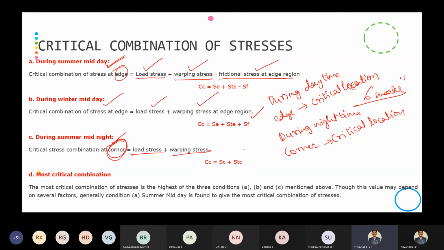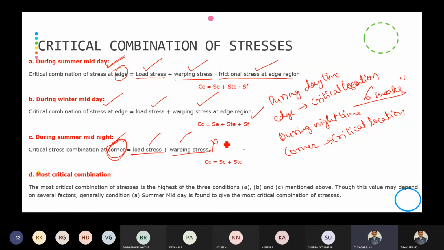So during summer we are going to consider the edge as a critical location, and the stresses we are going to consider are the load stress, warping stress, and frictional stresses at the edges. Then during winter midday, we are going to consider the load stress, warping stress, and frictional stresses also. Then during night time only the load stress and warping stresses will be considered.